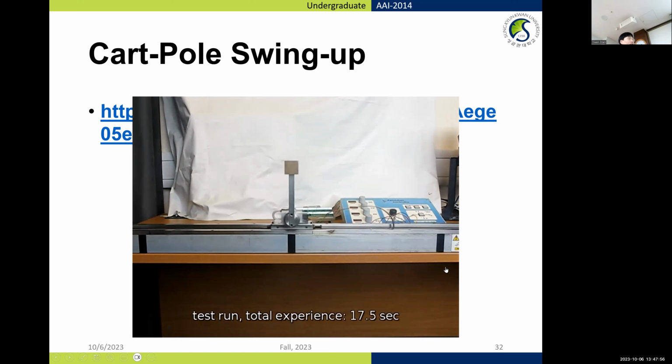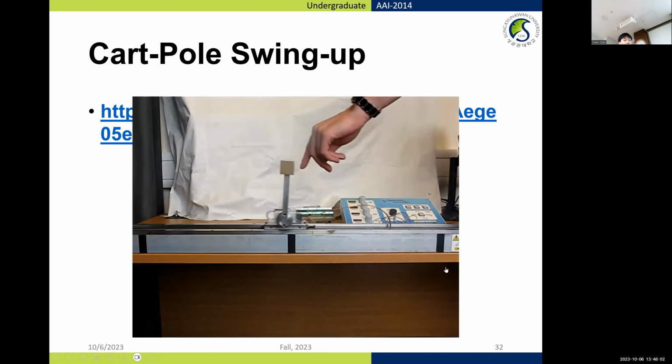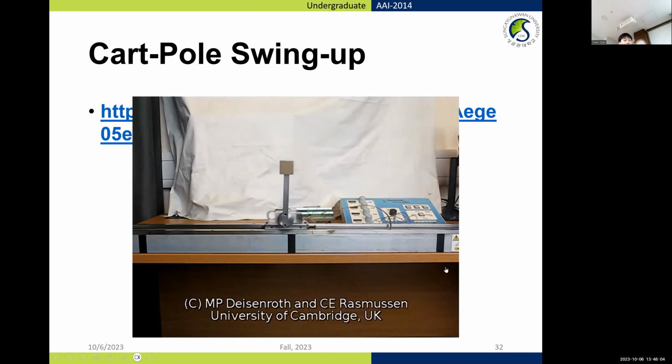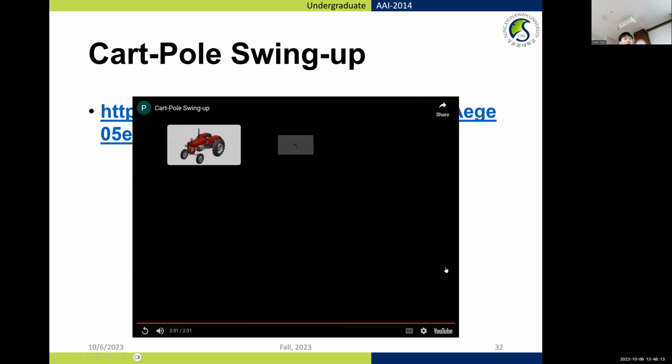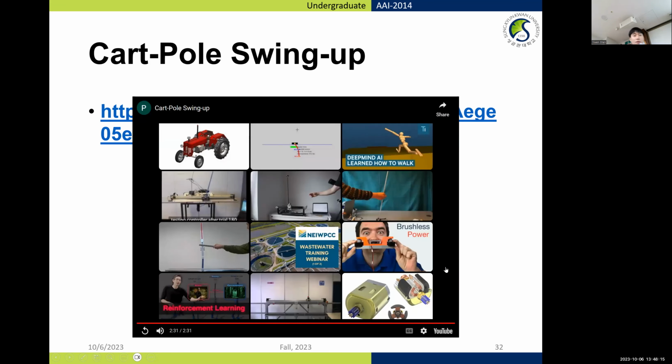Almost there. After just 7 trials, it can already maintain the balance, right? So it's like how we train different models to reach some goal.